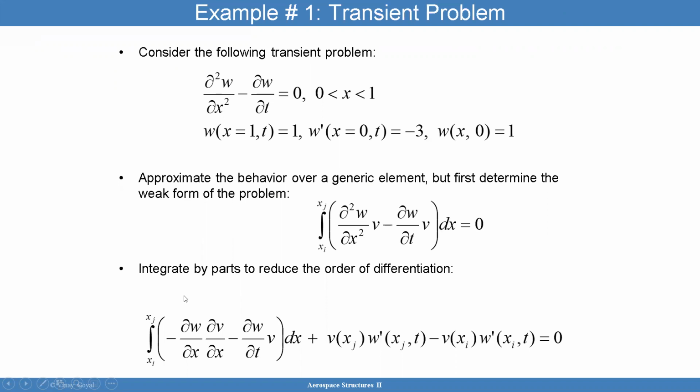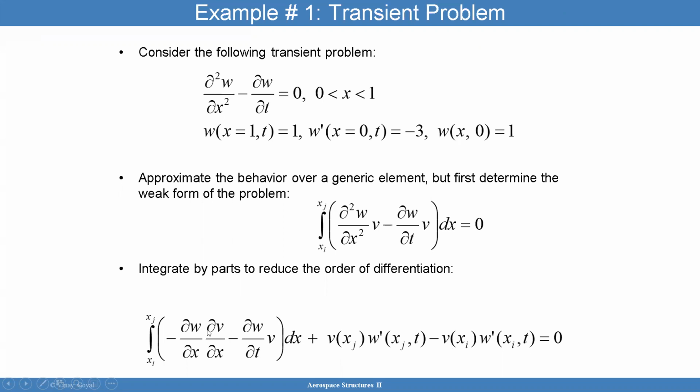And I'll integrate by parts, removing this derivative and transferring it over to v for this term, because this term has equal derivatives on v and w. As a consequence, I don't have to worry about this term. I'm trying to weaken the continuity requirements. So when I integrate by parts, I get this here with the following boundary conditions.